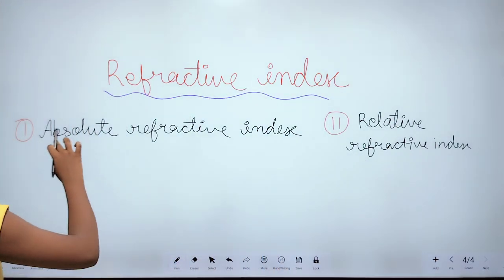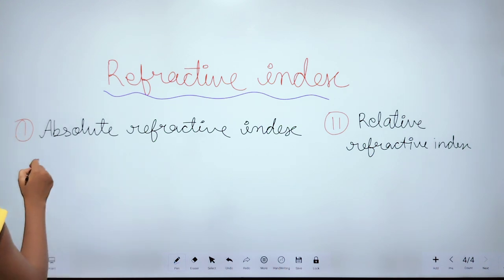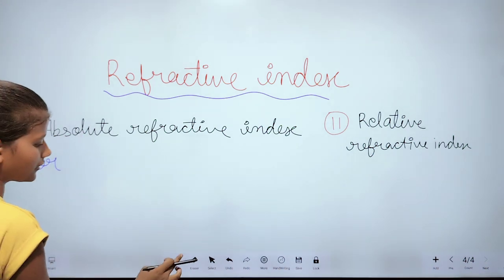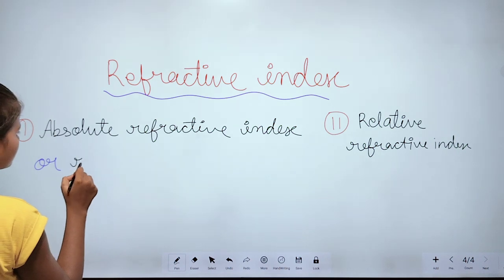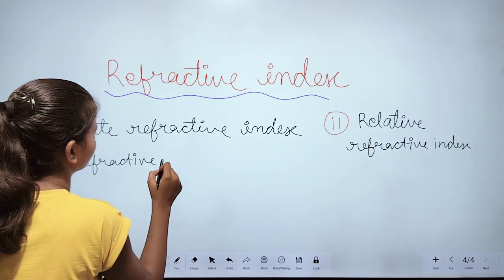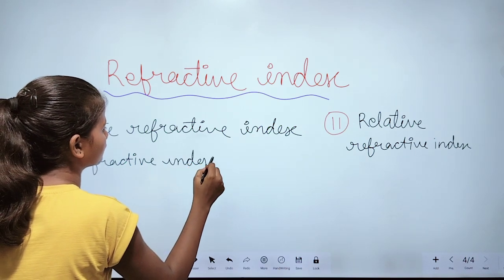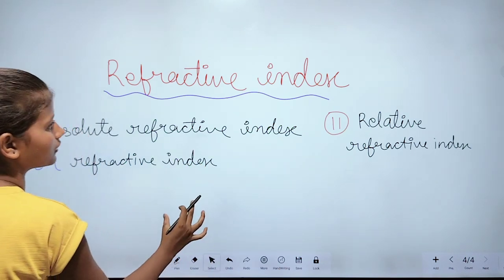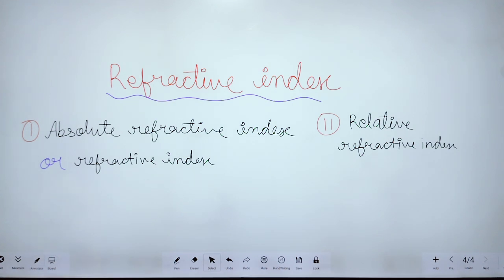Absolute refractive index, or you can also say only refractive index. So there are two types of refractive index: first absolute refractive index, and second relative refractive index.